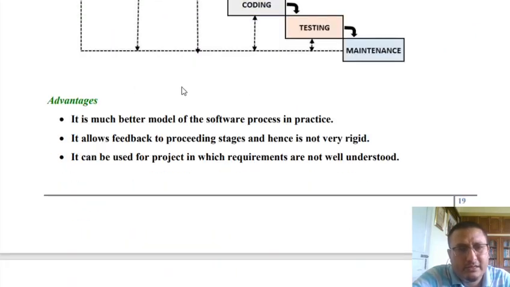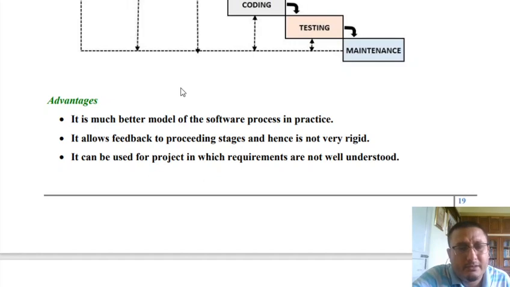Now, what are the advantages of the modified waterfall model? This is a much better model compared to the classical waterfall model, and it's a rather practical model. It allows for feedback paths, using which you can go from any downstream phase to any upstream phase, which makes it not very rigid.